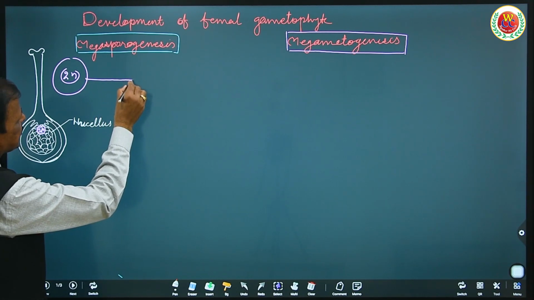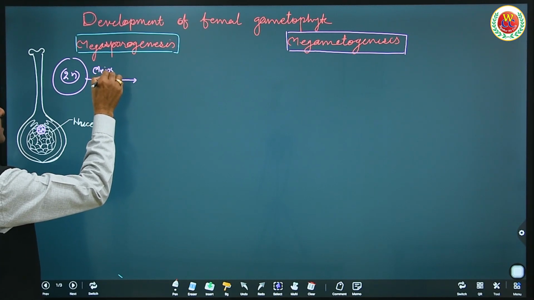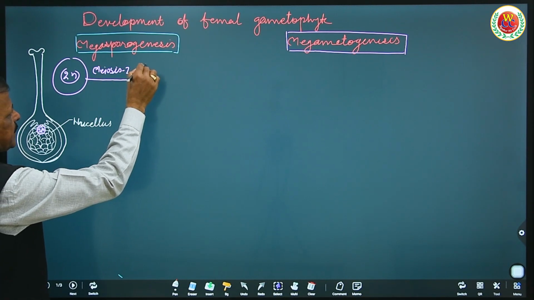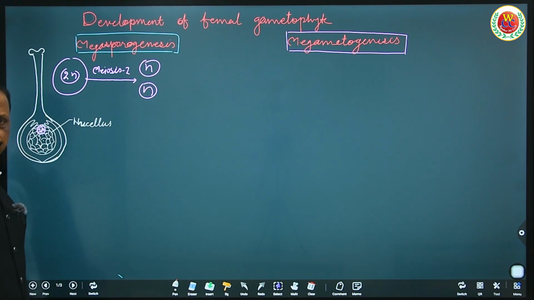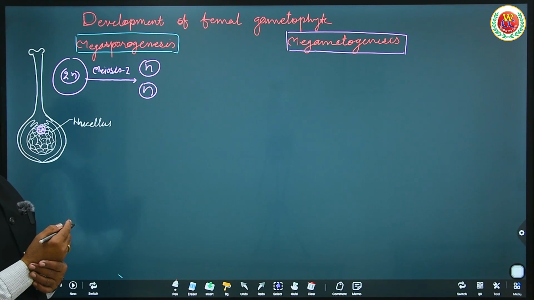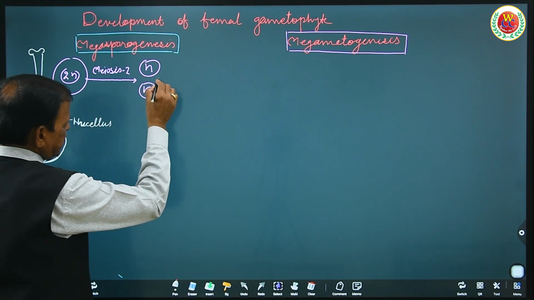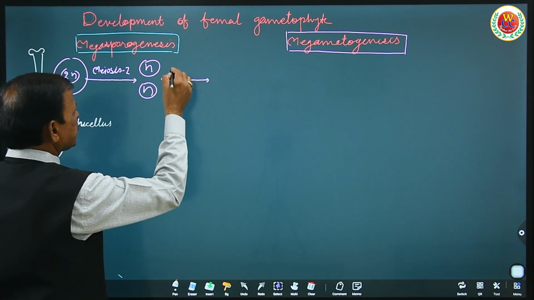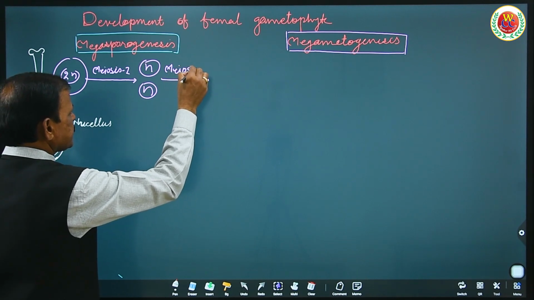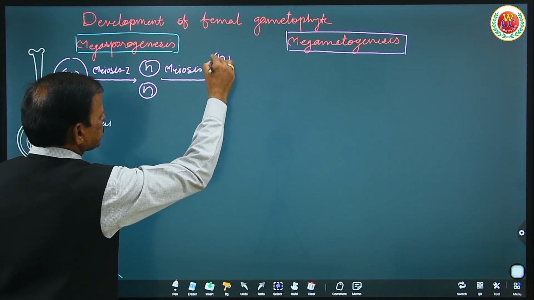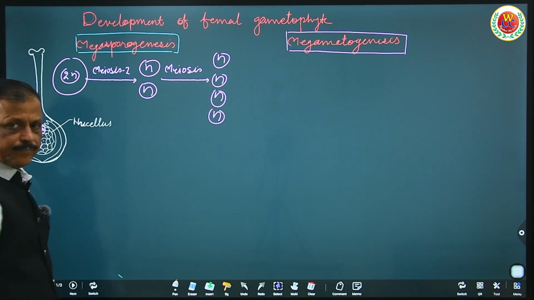megasporogenesis, that is meiosis 1. Meiosis 1 is a reduction division, therefore it produces two secondary megasporocytes. Now these secondary megasporocytes undergo meiosis 2, producing 4 megaspores.